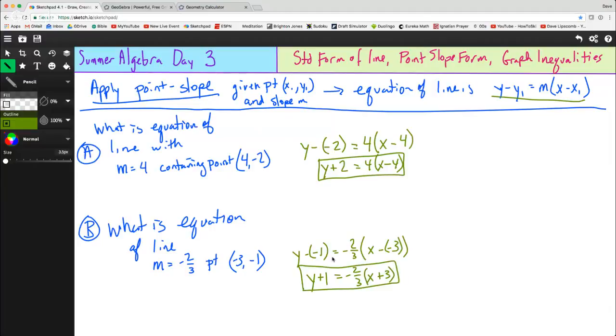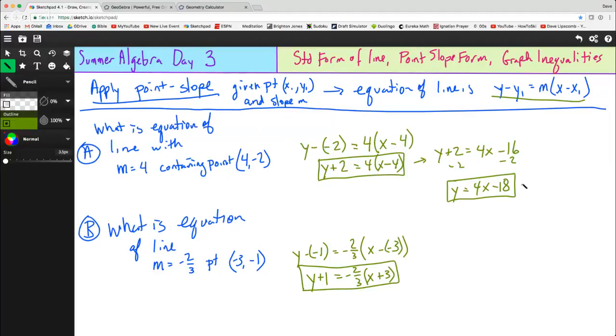Now, the other thing we can do is convert these into slope-intercept form by simply doing a distribution and doing some other tricks and then rewriting these. So watch how we do that. We say, well, y plus 2 equals 4x minus 16 by distribution. And then we subtract 2 from both sides, and we get y equals 4x minus 18.